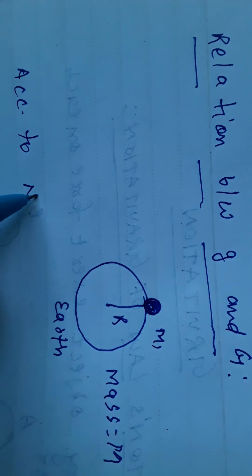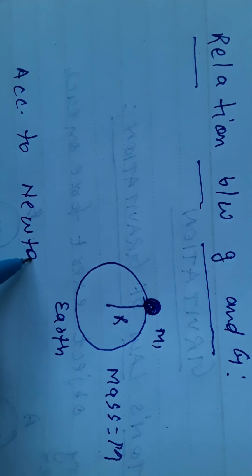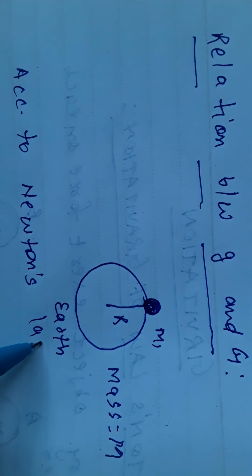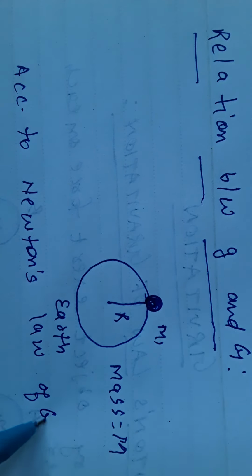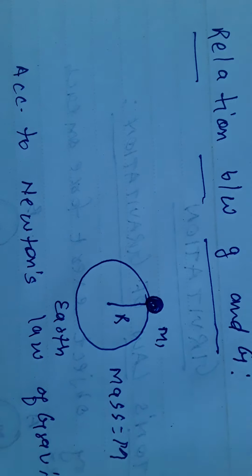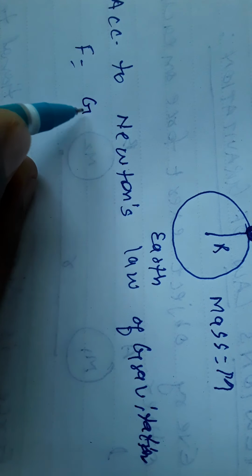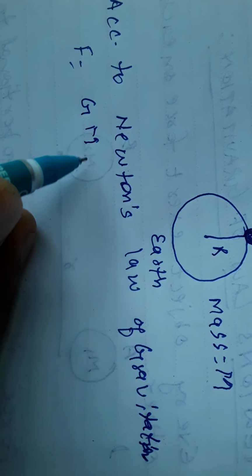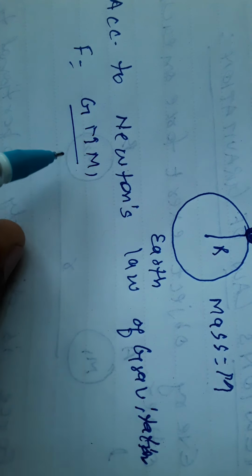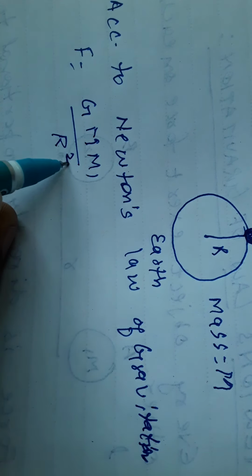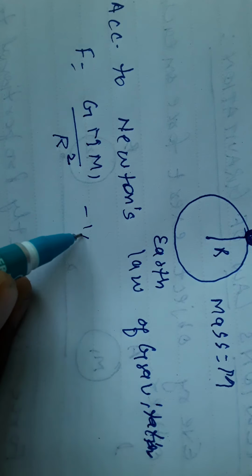So we can write here, according to Newton's law of gravitation, F equals capital G, mass of Earth, mass of object, upon the distance between two bodies, that is r square. This is equation number first.